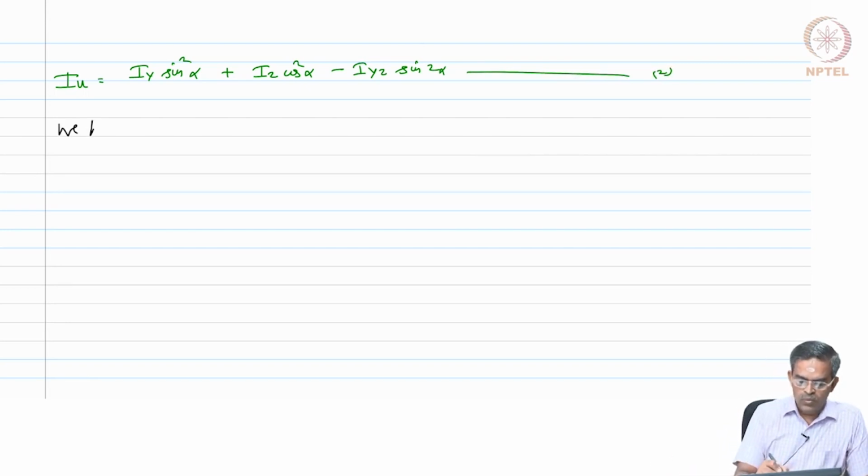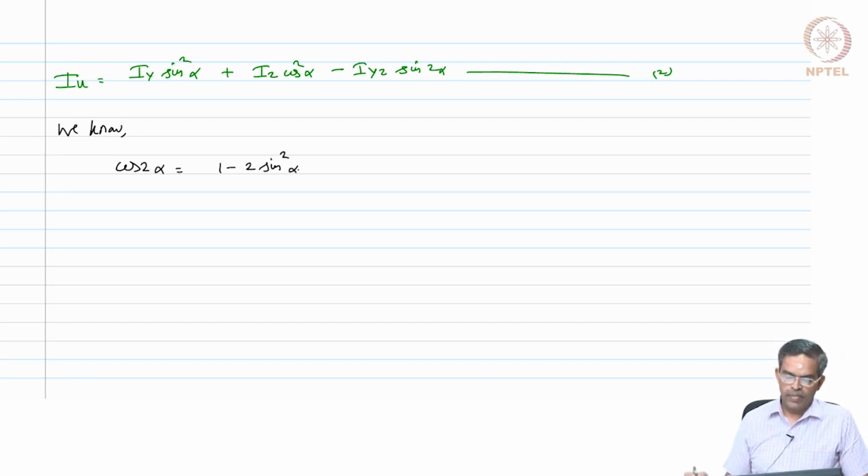We know cos 2 alpha is 1 minus 2 sin square alpha, which is also equal to 2 cos square alpha minus 1.